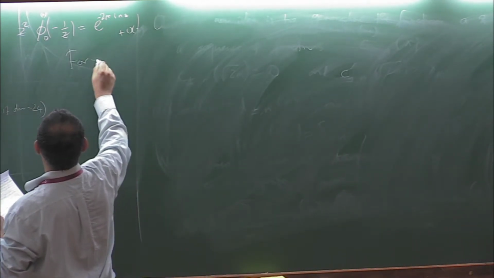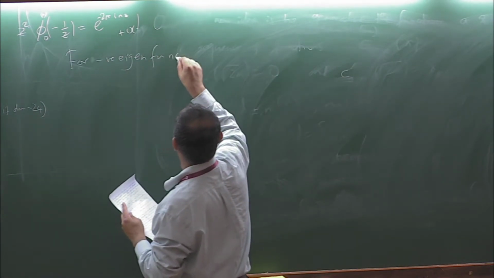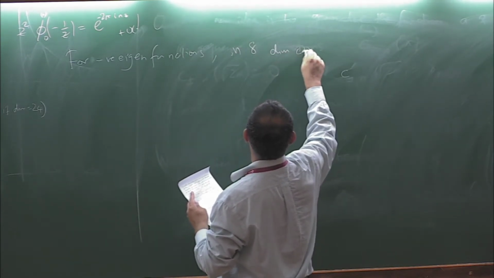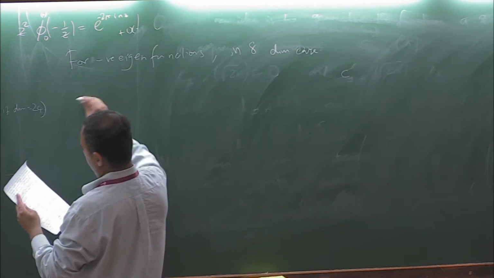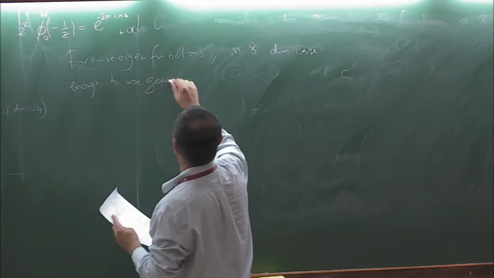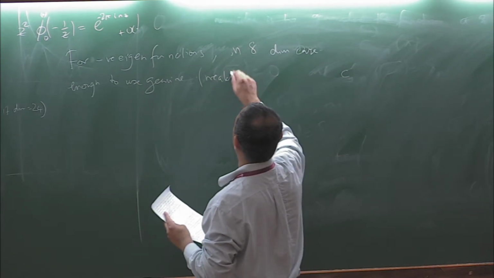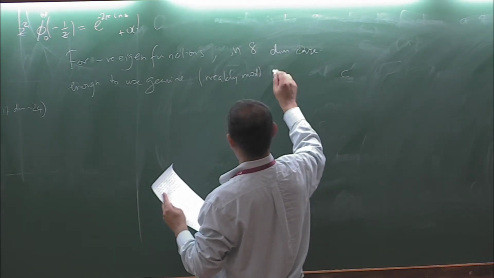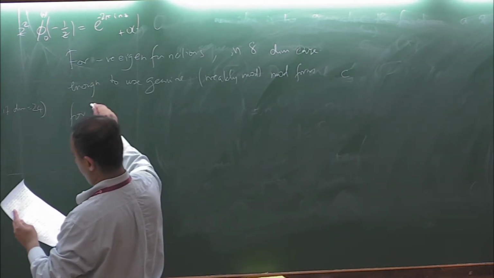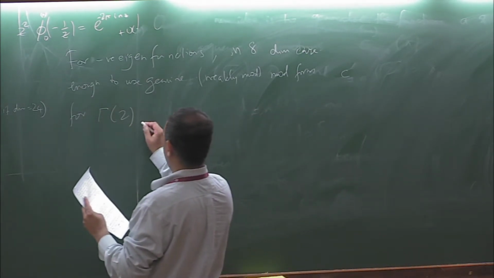For the negative eigenfunctions, in the 8-dimensional case, it's enough to use genuine, not quasi-modular, but weakly modular forms for gamma, but this time for gamma of 2, just like in the sphere packing case, where we had these u, v, and w.